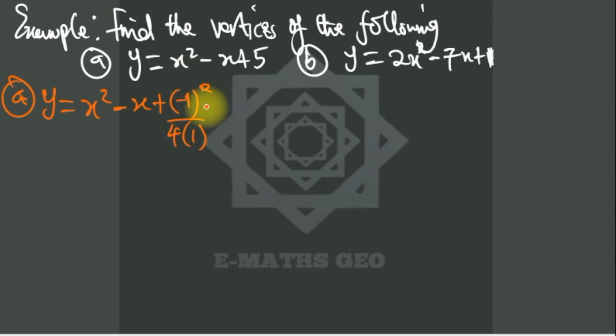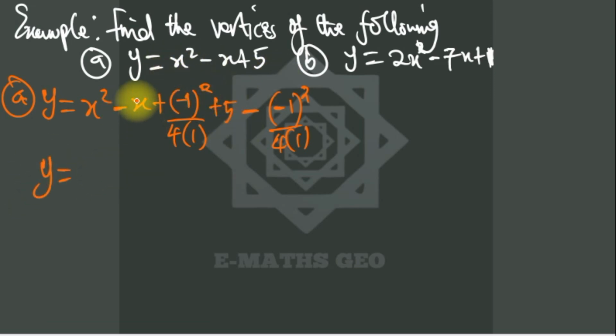I've added this, but remember we've changed the equation by adding that, so we need to subtract it back to balance the equation, so that it will be like the original equation. So this minus this is 0. We are left with the original expression.